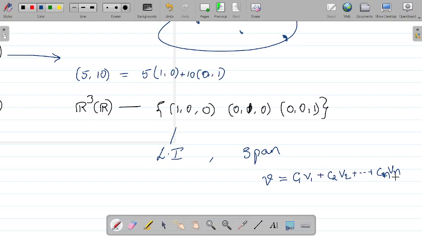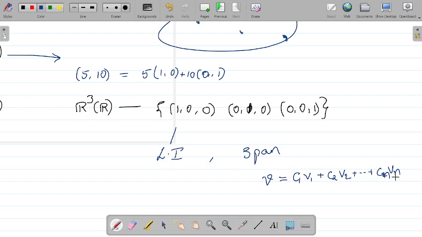Linear independence, I mean, no element depends on others. It means no Vi can be expressed as a combination of the others. Let's assume Vi is not here.